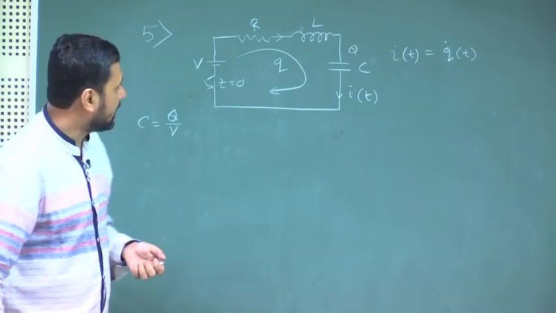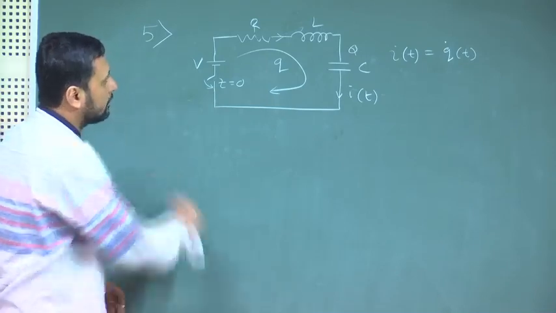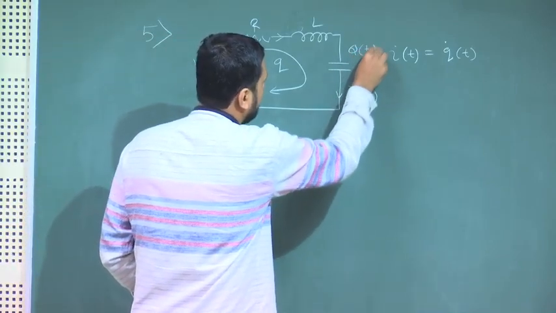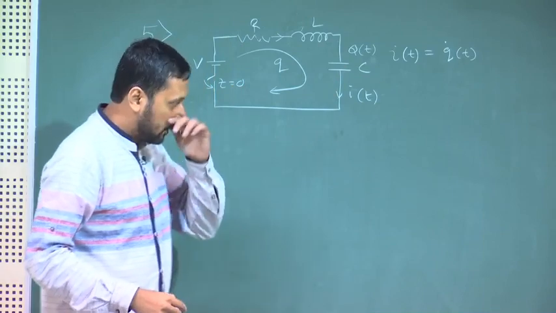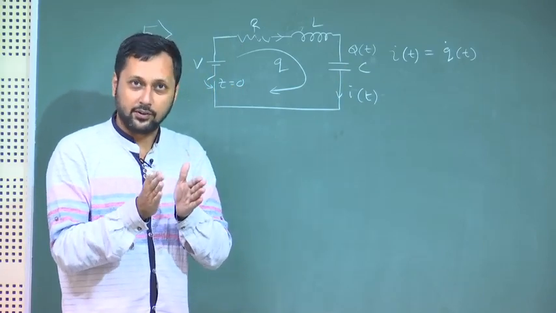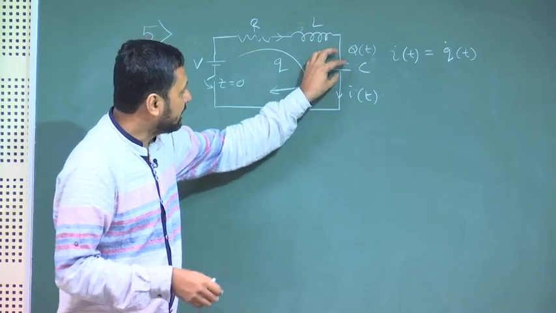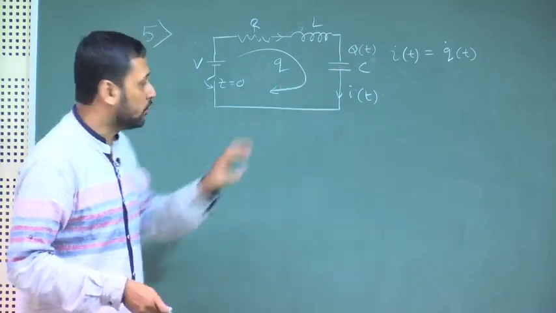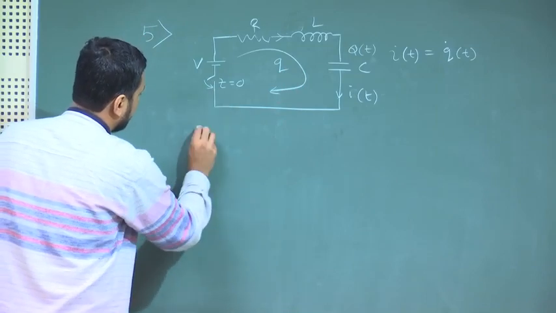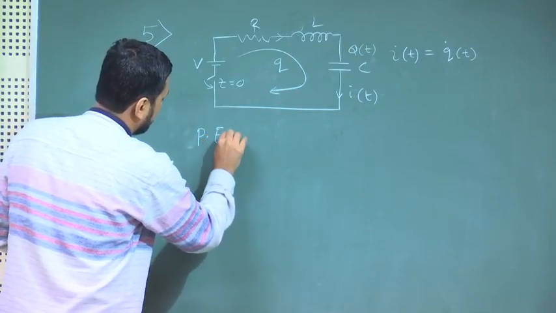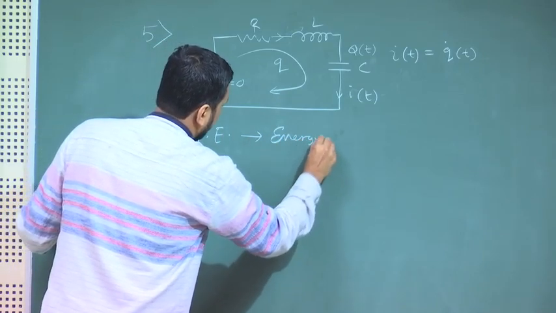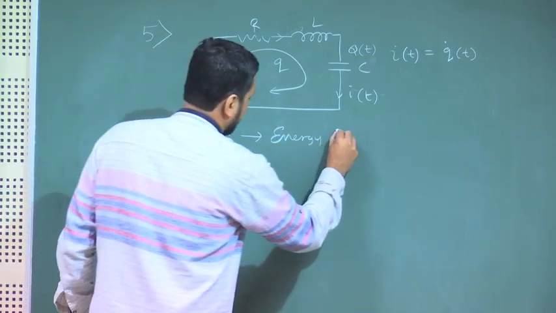In between, before you reach a final value, this q will also be a function of time. As the charge builds up, there is potential energy building up in the system. So, the capacitor is the source of potential energy. Whatever energy is stored in the capacitor is like a potential energy.